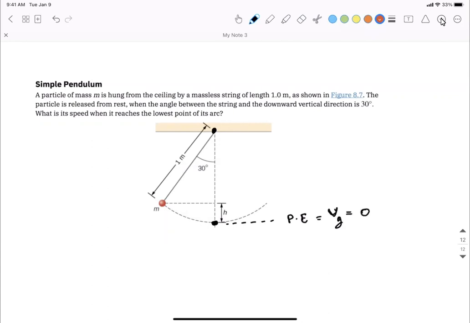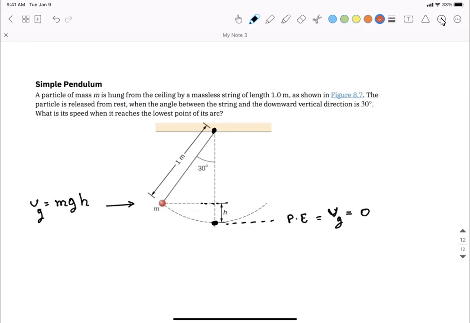That's the 0 level. And compared to that, whenever the object is at height h above this level, when the object is starting, it has a gravitational potential energy equal to m times g times h.